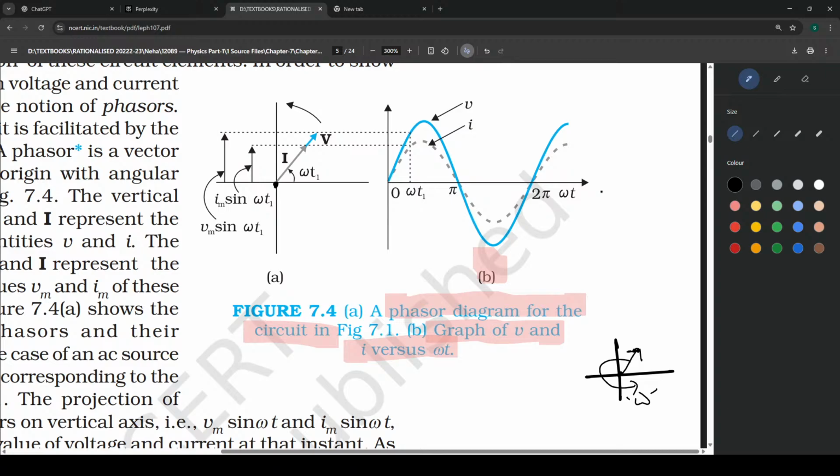It's a rotating vector. A vector which rotates with angular velocity omega is called a phasor, and it will always be attached to the origin. It won't be like that; it will be represented attached to the origin. That is a phasor.